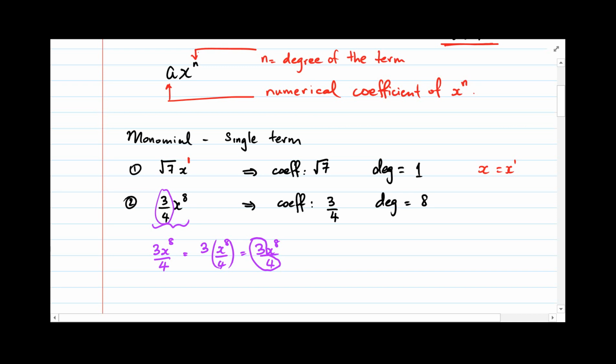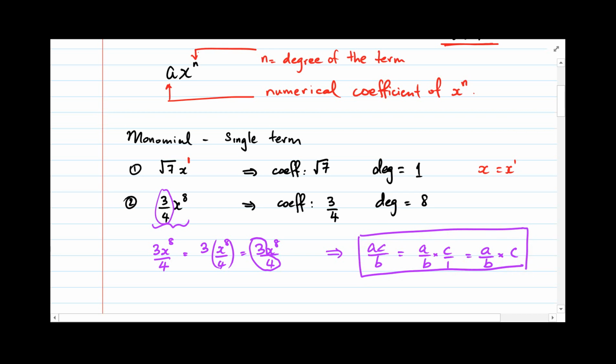So you are pulling that out and looking at your fractions. a times c over b is the same as a over b times c over 1, or a over b times c. Just an aside there, so that you can remember how to pick out the coefficients.